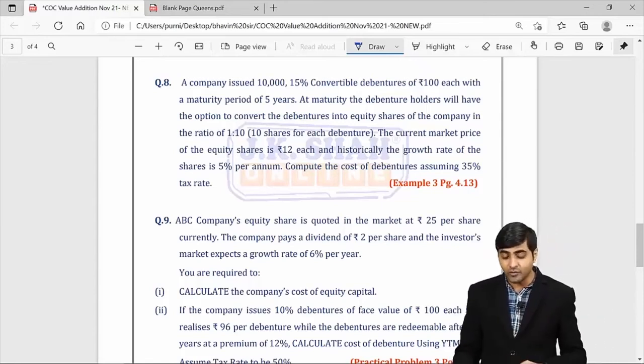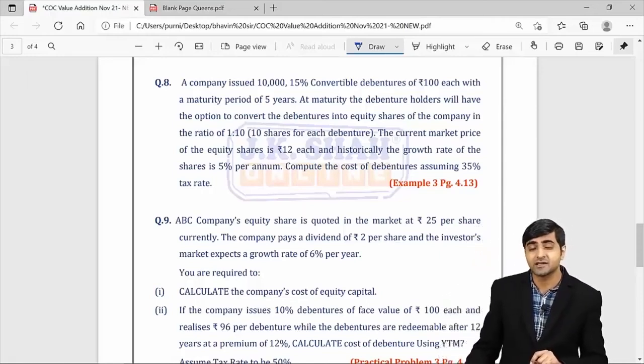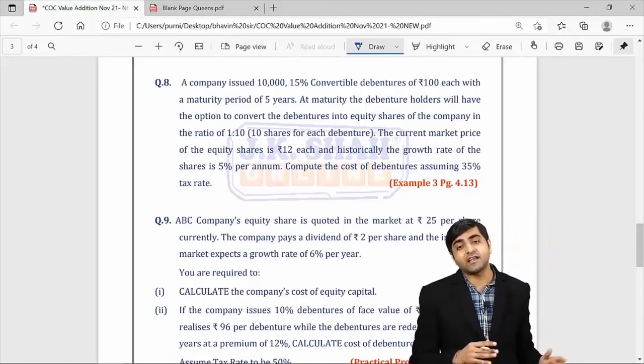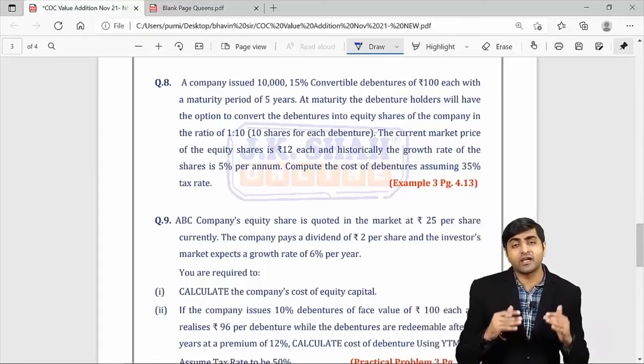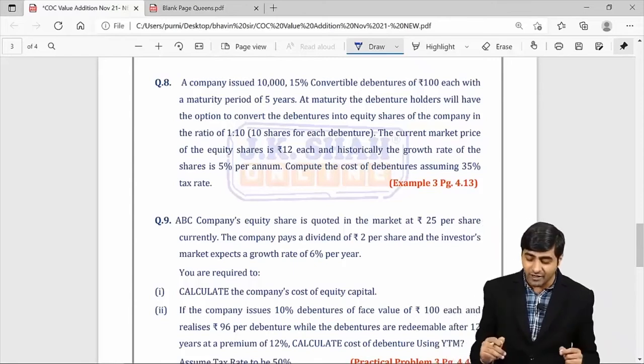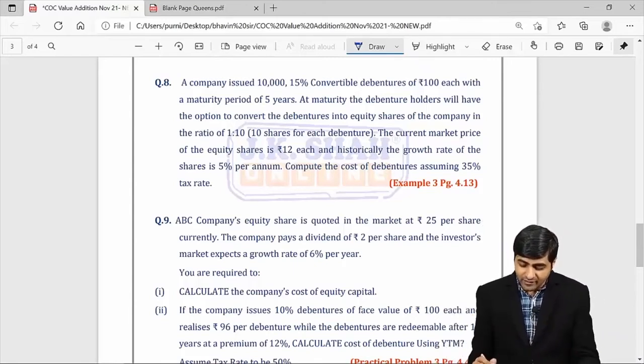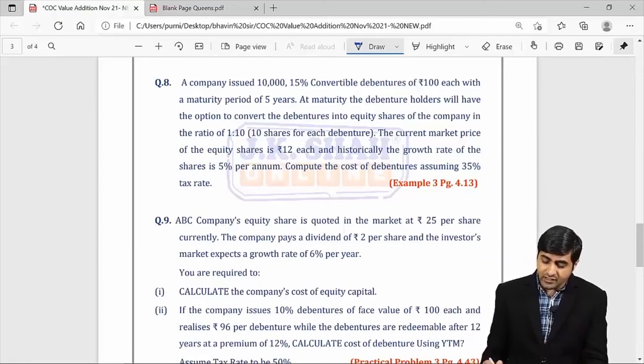Now in this particular question, my dear students, we are going to consider the cost of convertible debentures. So at the end of the tenure, we are not going to give any redemption amount to our bondholders. Rather, conversion value plays a very important role here. So you all can just check what is the ratio on the basis of which the equity shares will be issued.